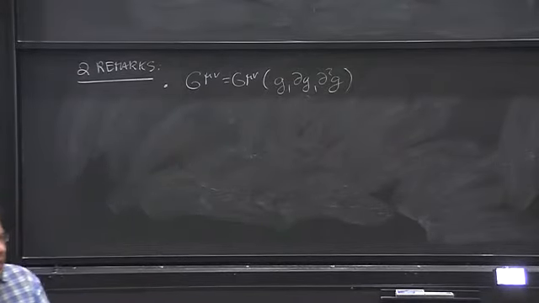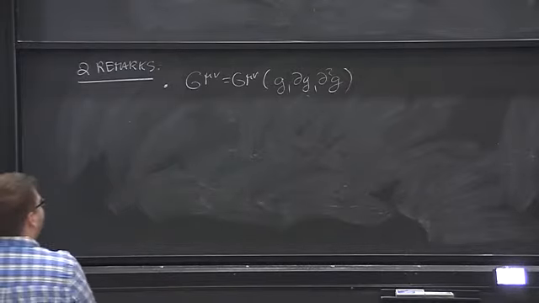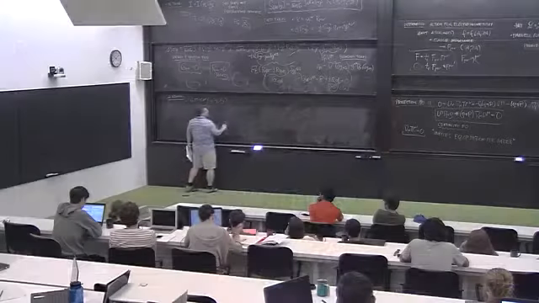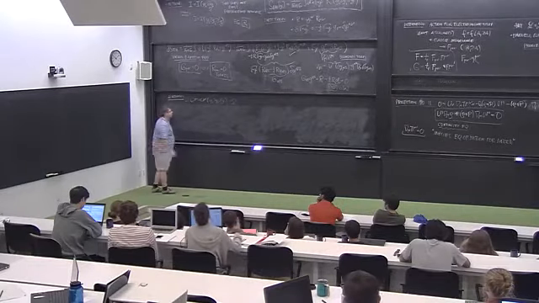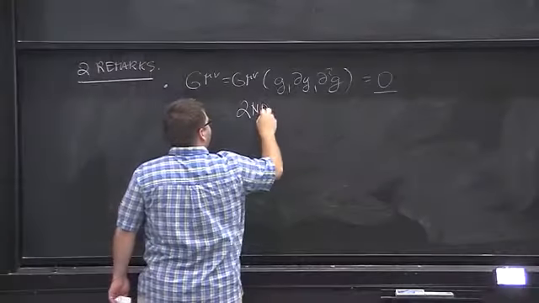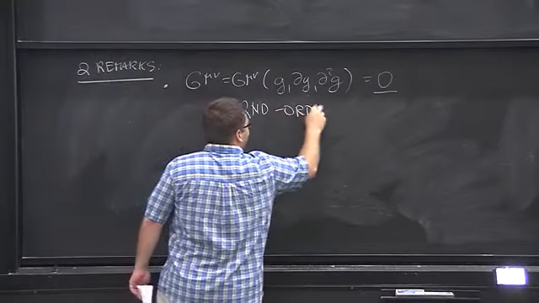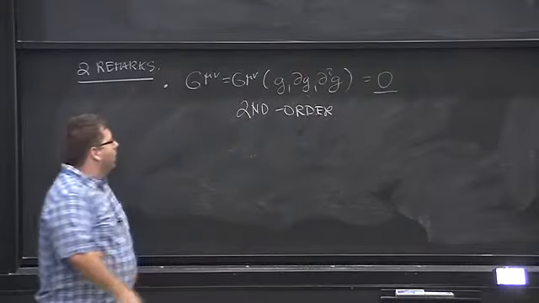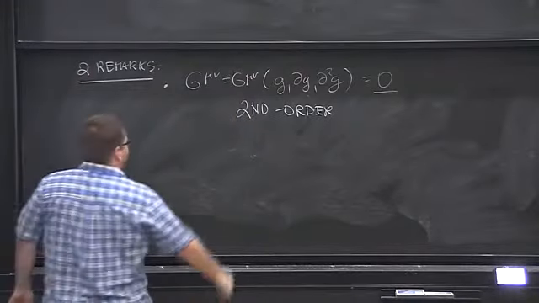We started with the action, which already has second derivatives of the metric, and we end up with an equation of motion, which is also a second order differential equation. This is second order. Okay, so how is this possible?